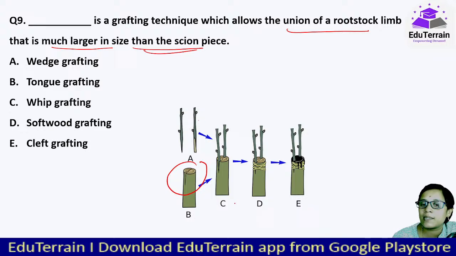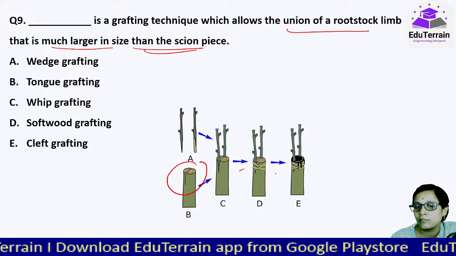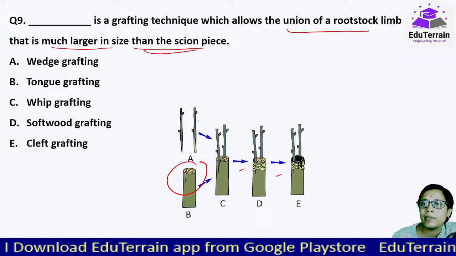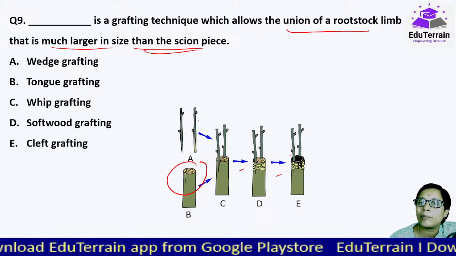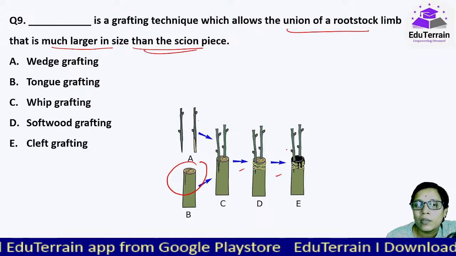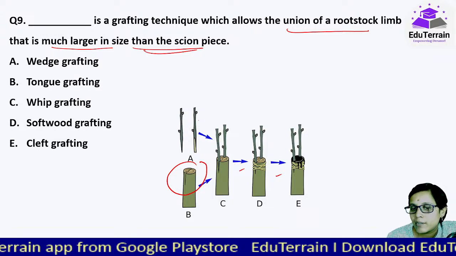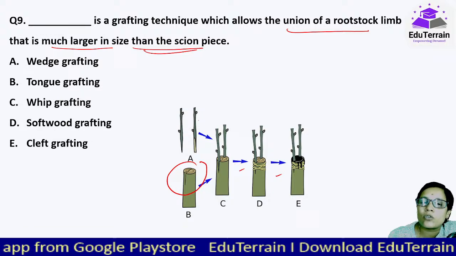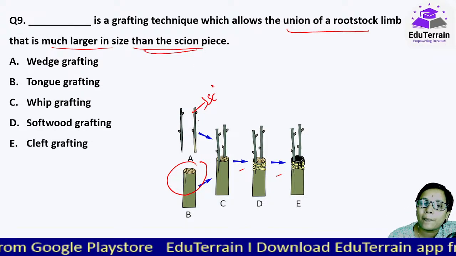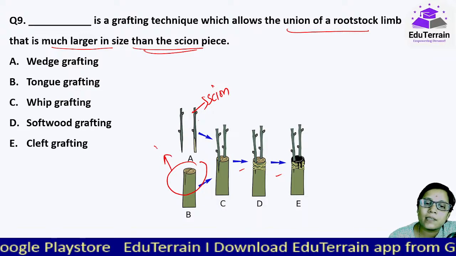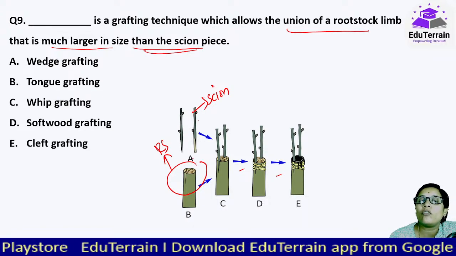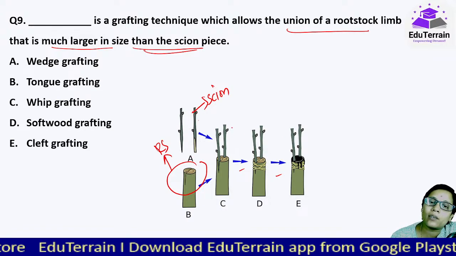As you can see here, generally this is done in dormant stages, and after that slowly they'll be able to grow. So what is the grafting technique? Generally the scion and the rootstock should always be of the same size, but in this case they are of different sizes.